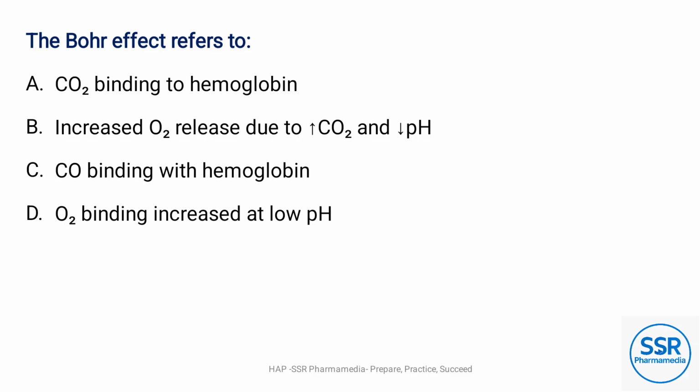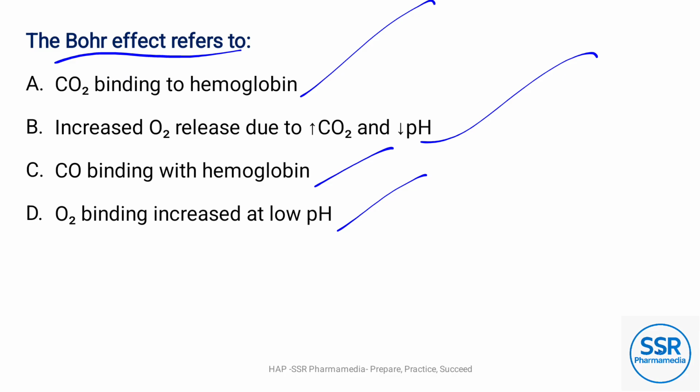Next, the Bohr effect refers to: option A, carbon dioxide binding to hemoglobin; option B, increased oxygen release due to increased carbon dioxide and decreased pH of the blood; option C, carbon monoxide binding with hemoglobin; option D, carbon dioxide binding increased at lower pH.